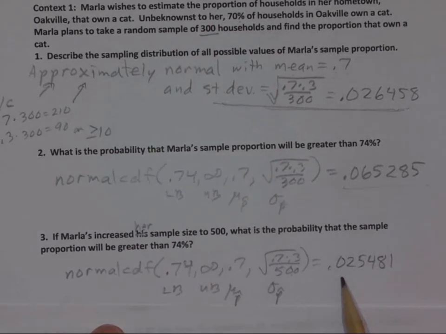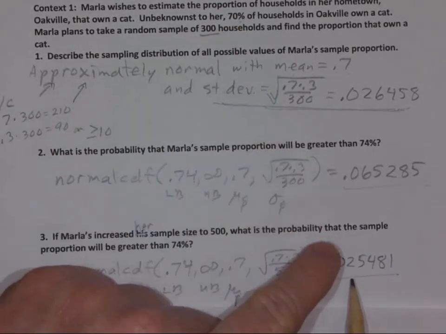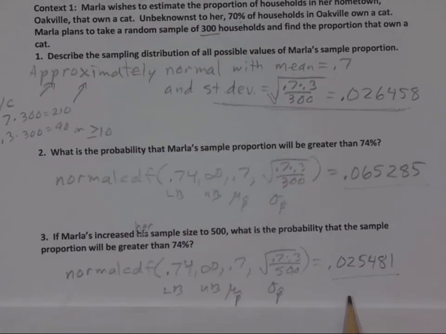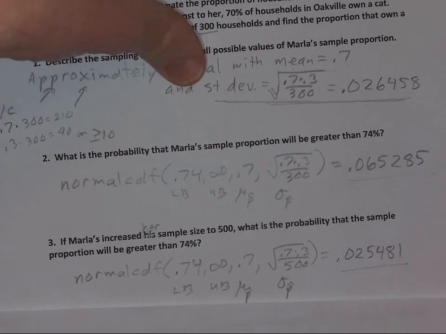But in this one, we would. We have increased our sample size, so we increased our power, in essence, and now we would have evidence to reject the 70% at the 0.05 level. By increasing our sample size, we have decreased our p-value.